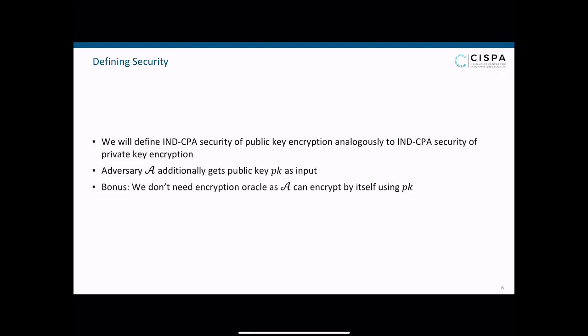In other words, let's say I had an adversary who wants an encryption oracle. I can simulate this by an adversary who doesn't have one, who just gets the public key and uses it to simulate the encryption oracle. So that's actually a nice thing.